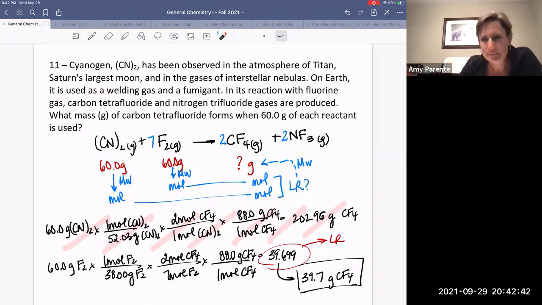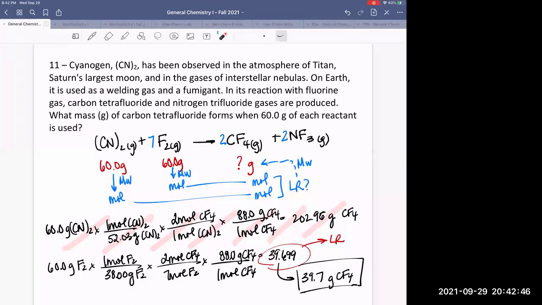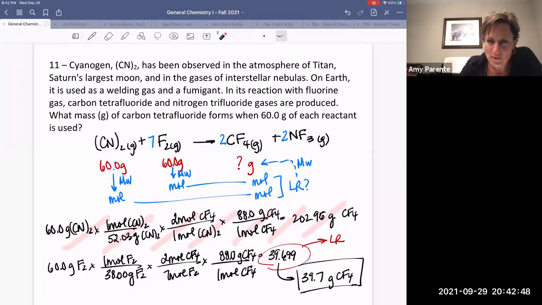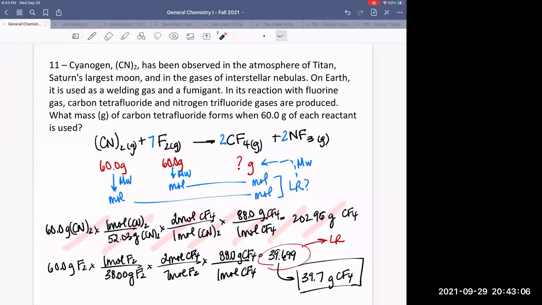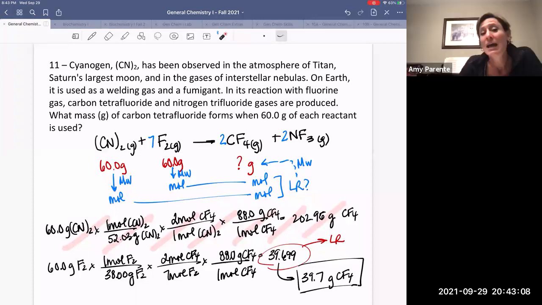Anything else? No, I think I'm good. All right, I do have one more problem, but I'll see where your mental energies are at. If you wanted to work through one more problem, or if you feel like you've had enough and you're all done with trying to do stoichiometry. I think I'm good. Okay. All right. Did you want to ask any questions about the exam?